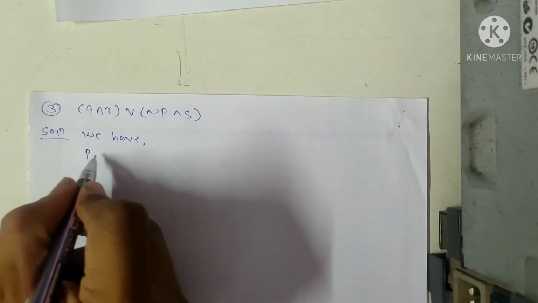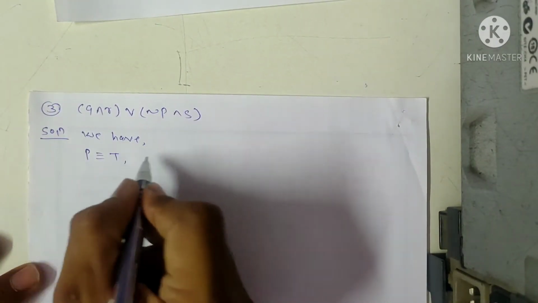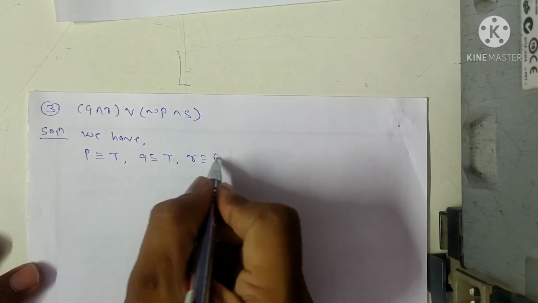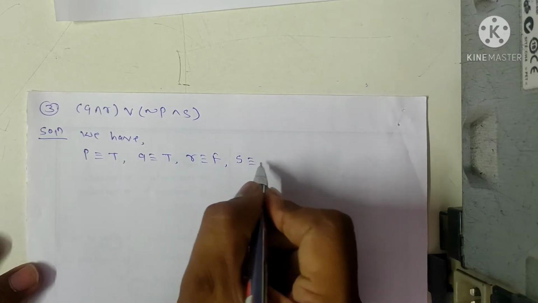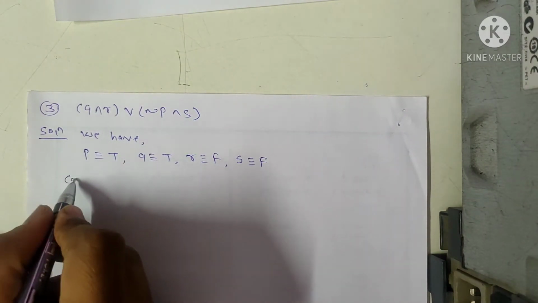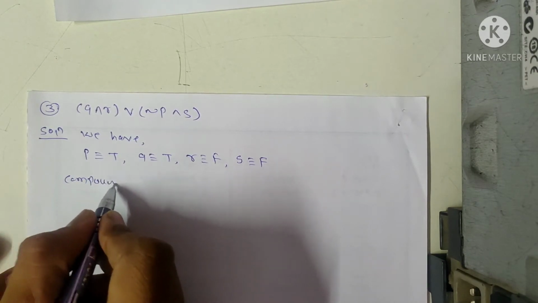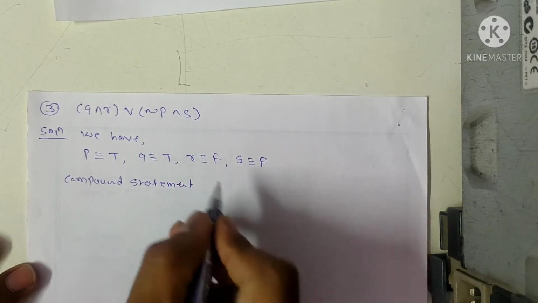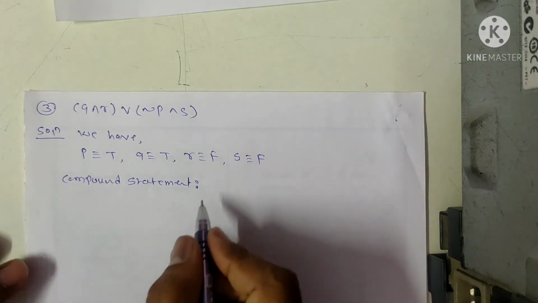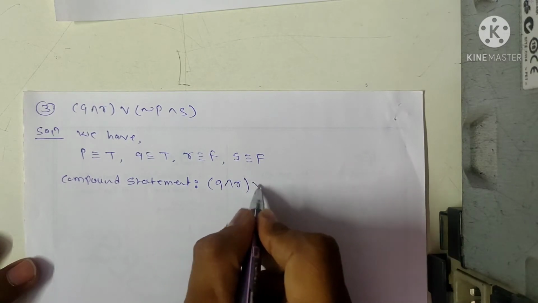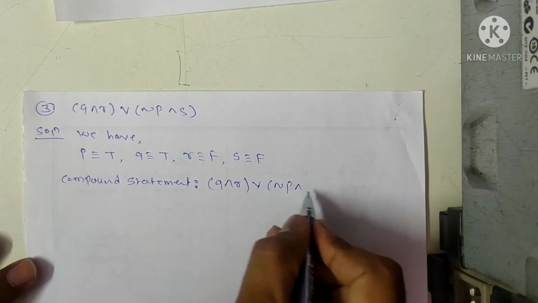We have statement P is true, statement Q is true, statement R is F, and statement S is F. This we are given in the question. Now the compound statement is Q and R or negation P and S.